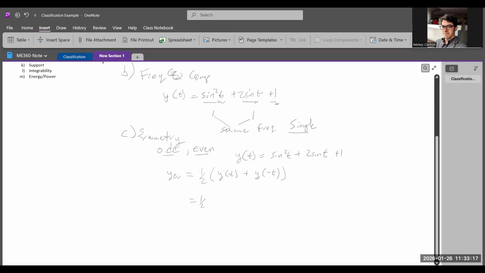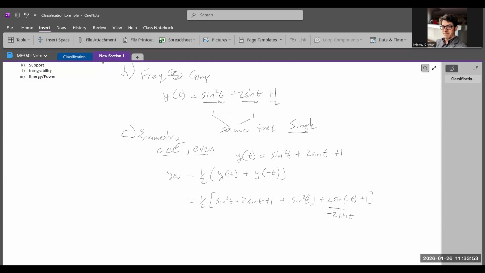We get 1/2 of sine squared t plus 2 sine t plus 1, plus sine squared minus t plus 2 sine minus t plus 1. And this will end up equaling minus 2 sine t because sine is odd.